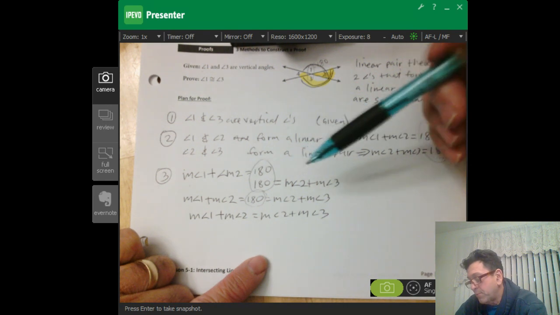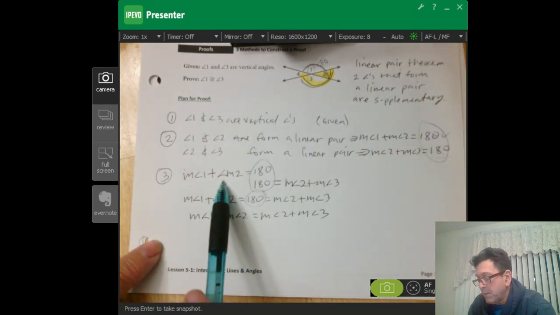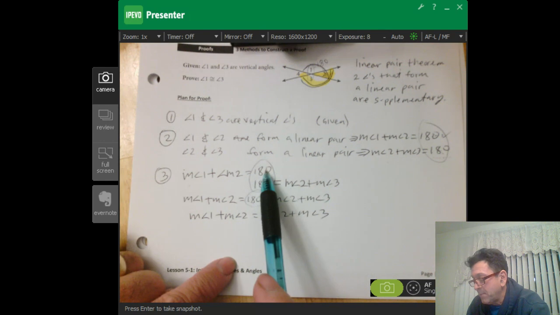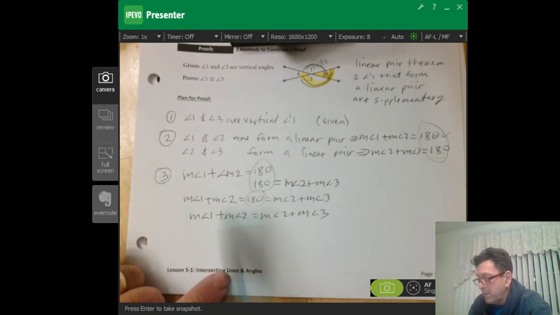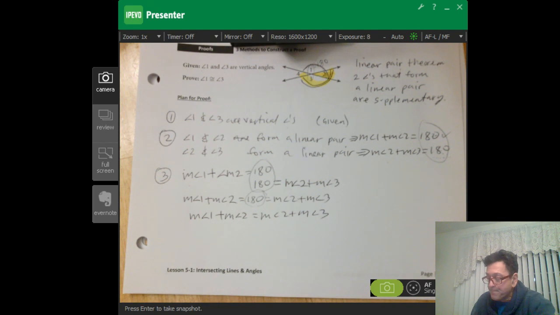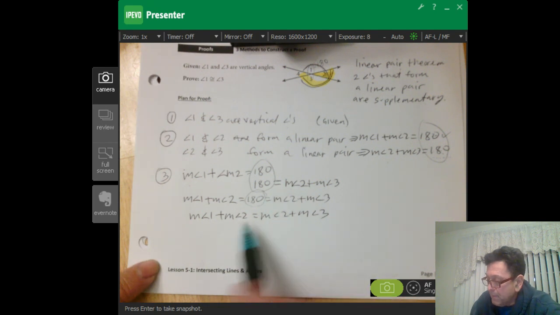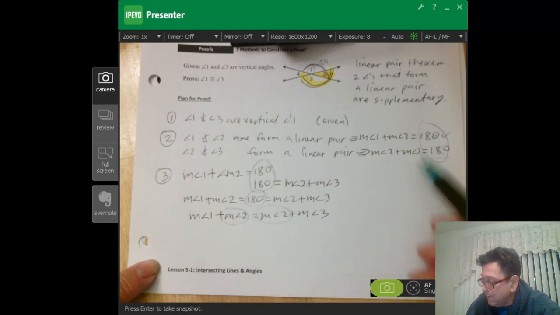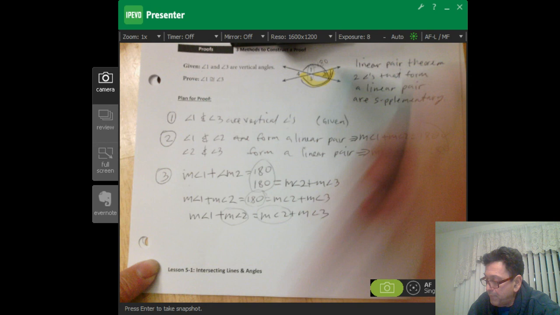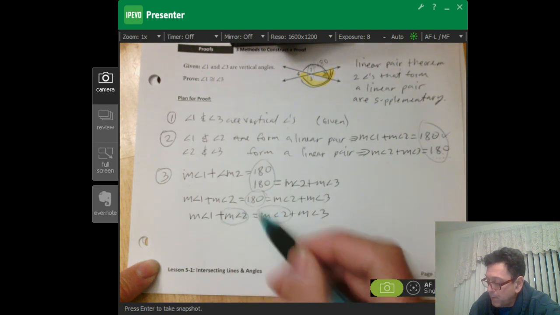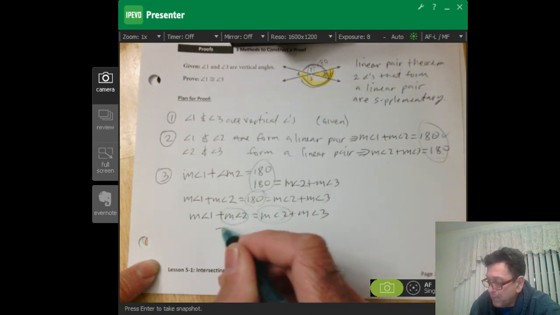So this is something that's called the transitive property. If we have two things that are equal to the same thing, we can say those two things are equal to each other. That's the transitive property. Now, what's significant is now we can see, just like we saw up here, measure angle 2 and measure angle 2 is shared, it showed up twice, on both sides of the equal sign.